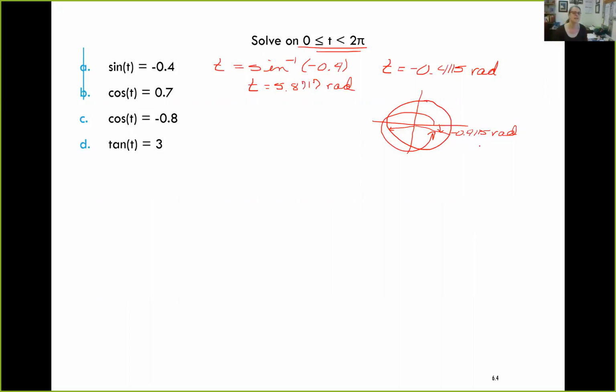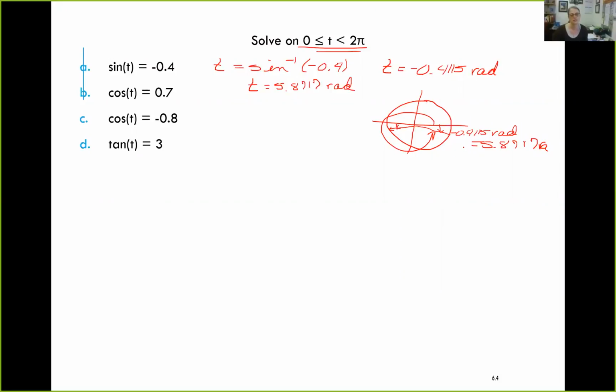How do I get to my other angle? Let's think about this. So I got this one, and this guy is also 5.8717 radians. How do I get to this guy?